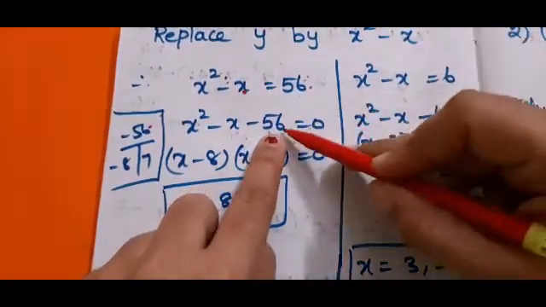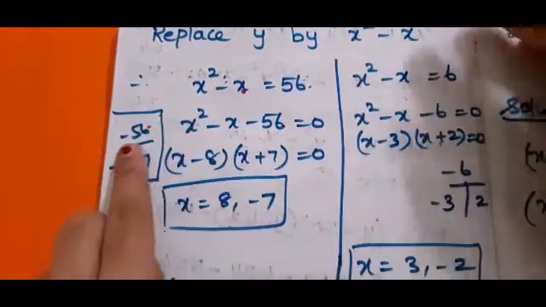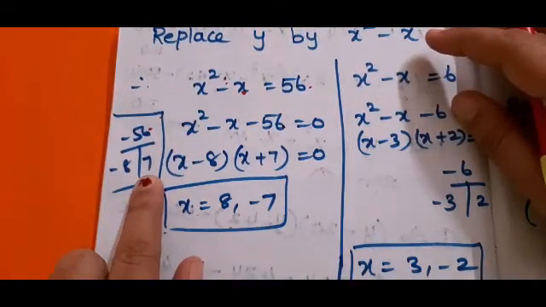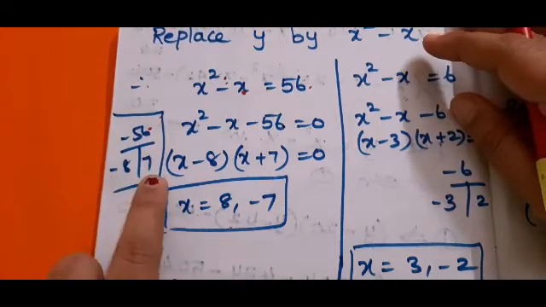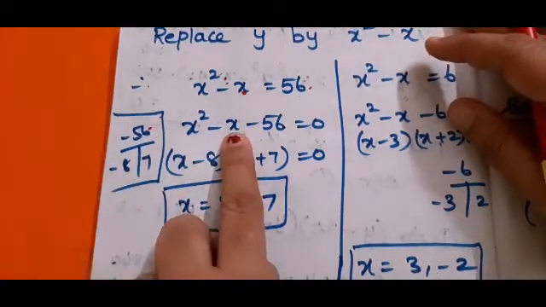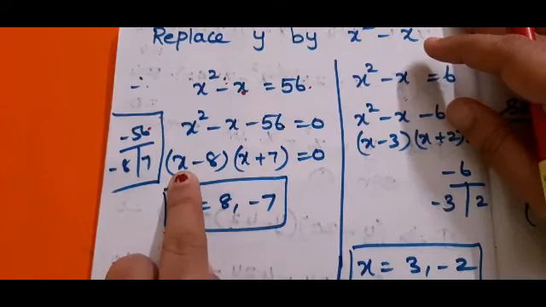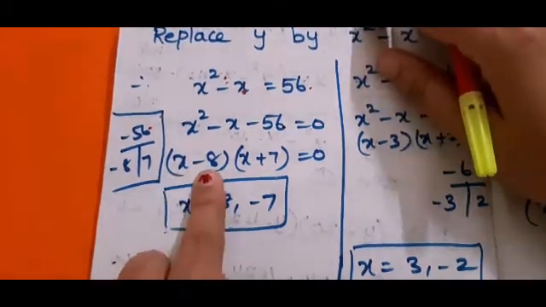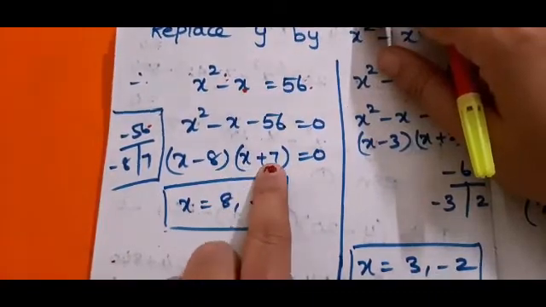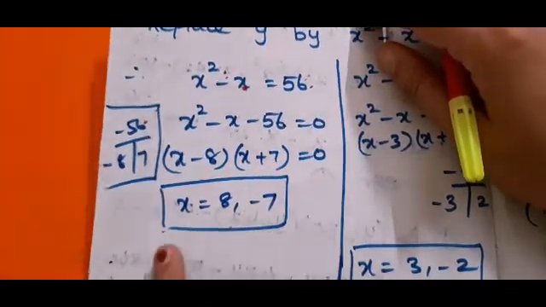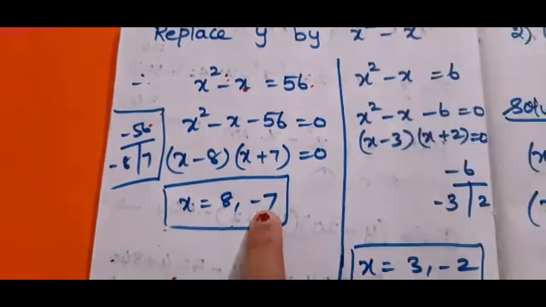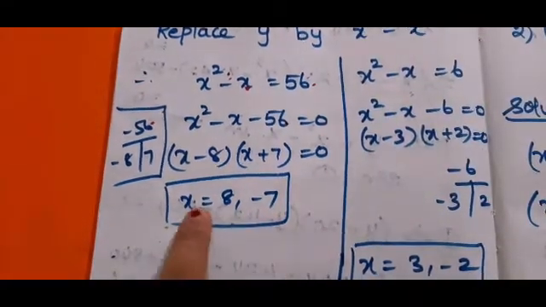So this 56 should be factorized. 8 sevens are 56, and −8 plus 7 will give you −x. So this can be factorized as (x − 8)(x + 7) = 0. So x = 8, −7. These are the two solutions.